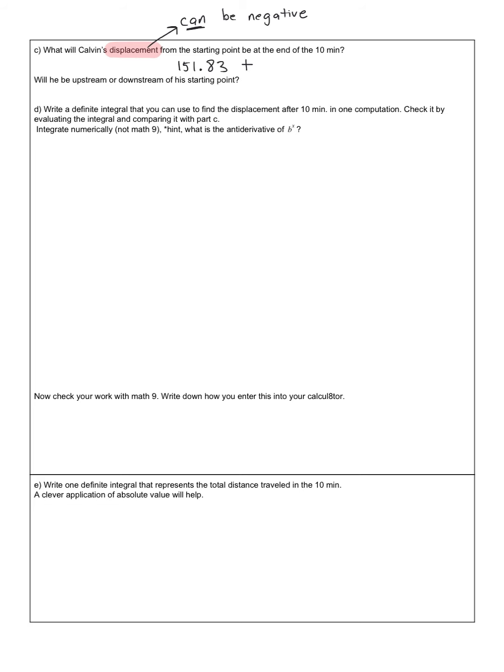Our second interval from 5.4 to 10 was negative 51.81, and we simply add them together. And we get, let's see, I'm getting 100.02, and that is feet. So that is our displacement, okay? So again, distance can't be negative, so you have to take the absolute value of any negative answers. Displacement can be negative.